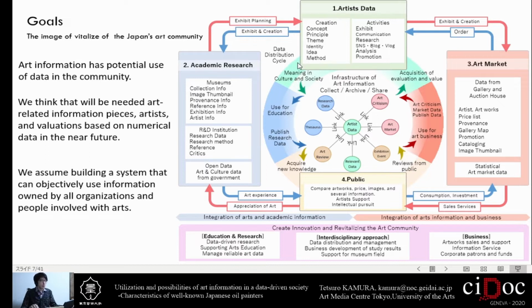These data should be published, shared, and accumulated instead of managed or protected through a unique method or policy. We think that art-related information pieces, artists, and variations based on numerical data will be needed in the near future.